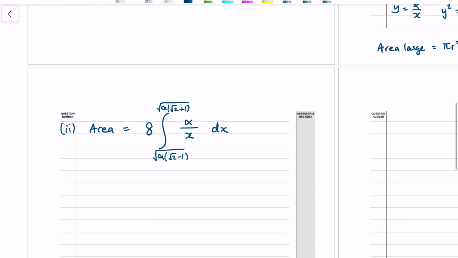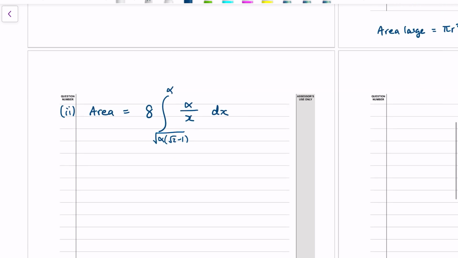Okay. So let's just make, oh no, it wasn't that one. It's that one. Let's just make that one alpha. Alrighty. Well, what's the other one going to be if I make alpha root 2 plus 1? Now, I said keep in alpha as long as possible. I should have eventually got rid of it, right? So if I put alpha into the bottom limit, it's 1 plus root 2 times root 2 minus 1.